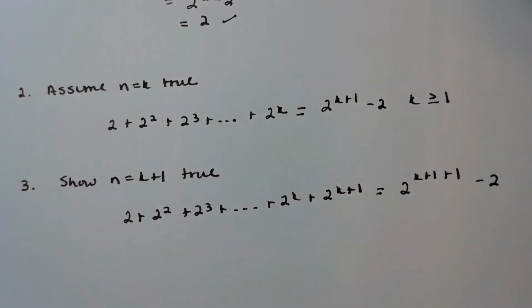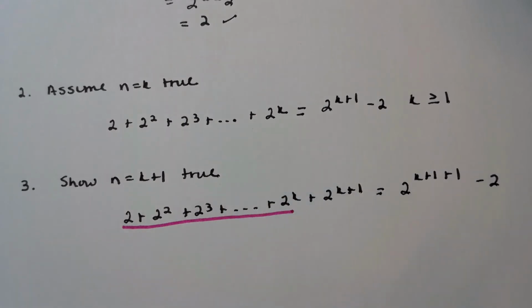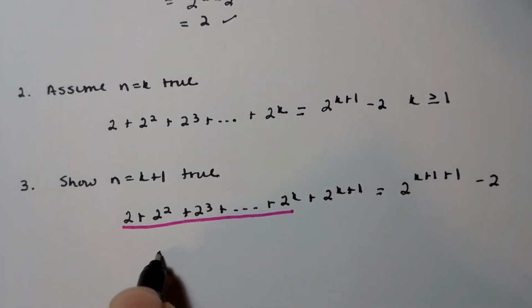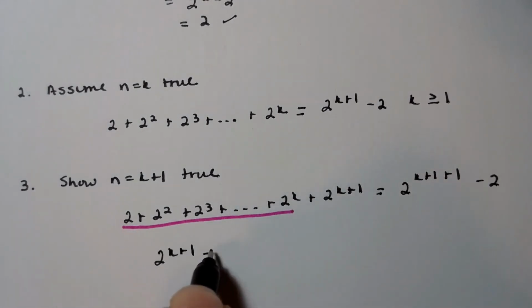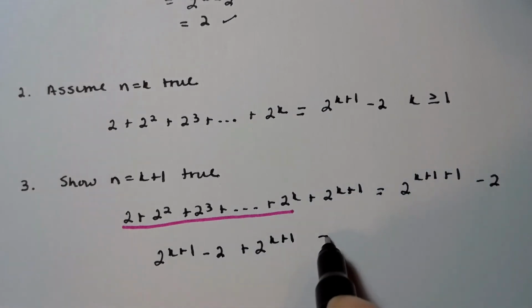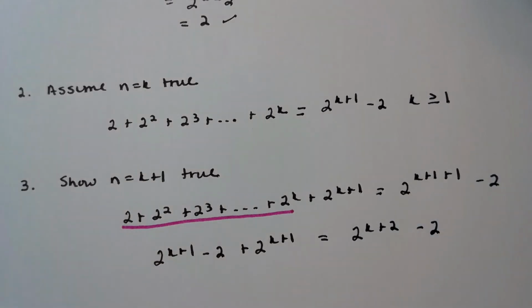And again, this right here is just my inductive assumption. So I'm going to replace it with the right hand side: 2 to the k plus 1 minus 2 plus 2 to the k plus 1 is equal to 2 to the k plus 2 minus 2.